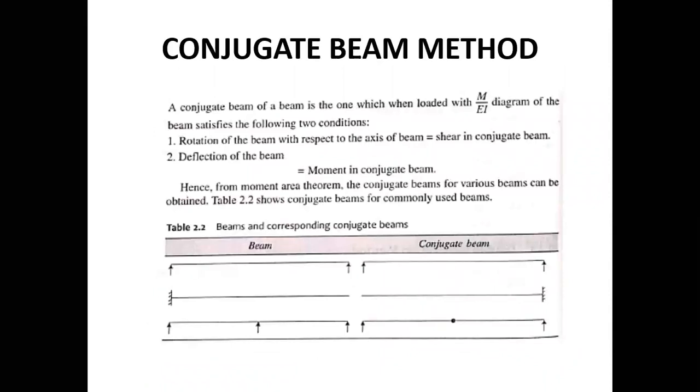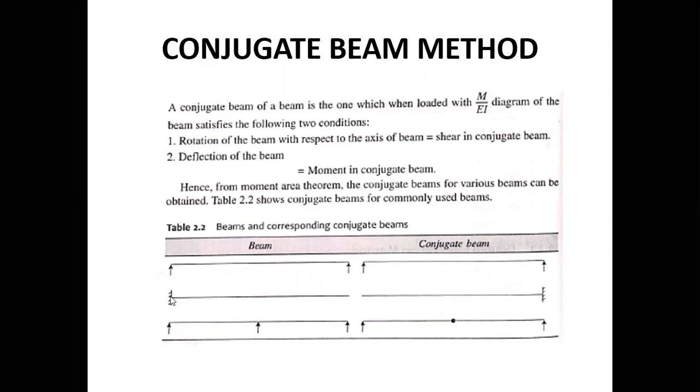Now, the second method is the conjugate beam method. This method is based upon the conjugate beam theorem. There are certain rules which are given in this theorem, which a conjugate beam for a real beam follows. For example, if the end is hinged for a real beam, for the conjugate beam, the end will remain hinged.